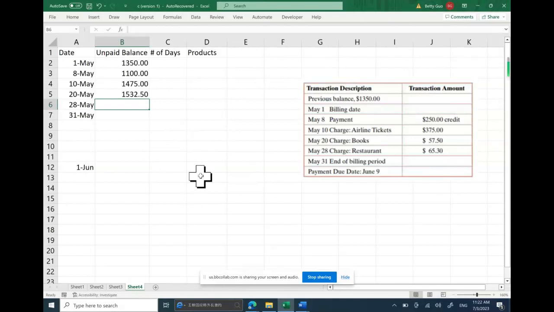So you should know how to write the unpaid balance for May 28th. Just add $65.30 on top of the previous balance. So we have B5 plus 65.3. Okay, so that is the unpaid balance on May 28th.